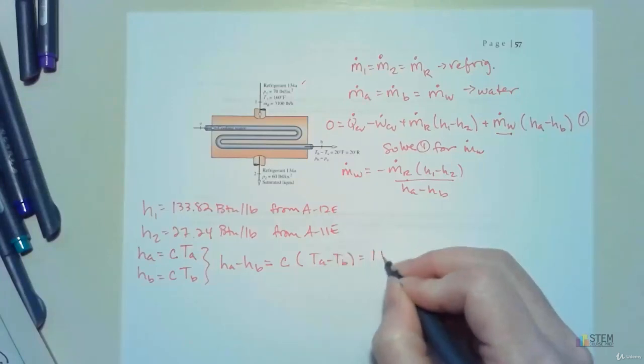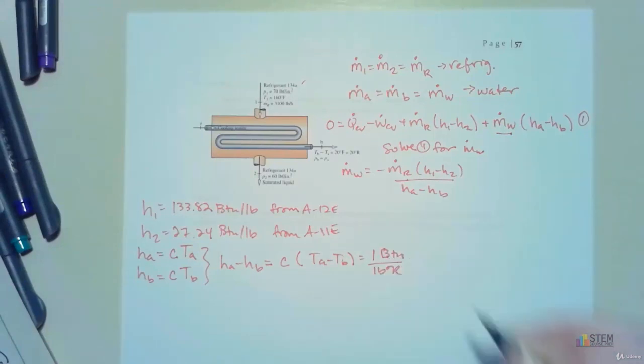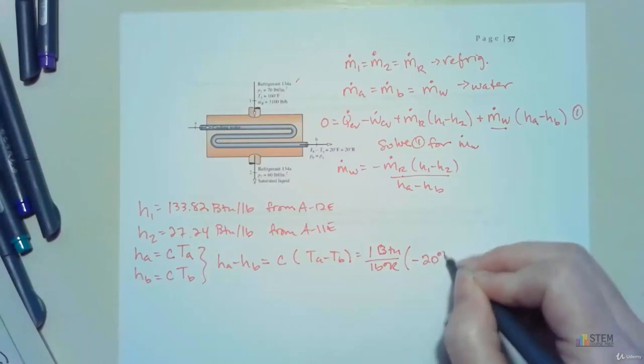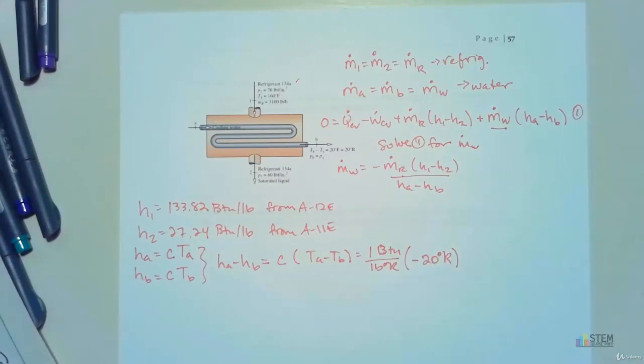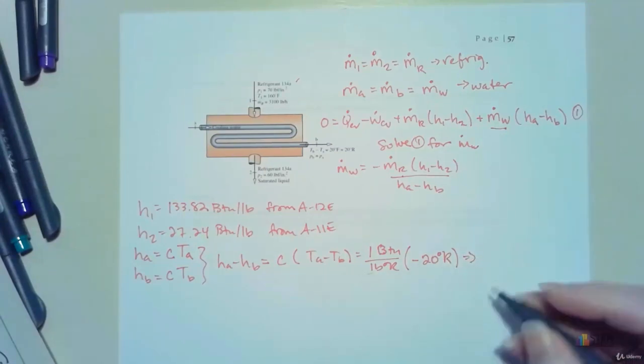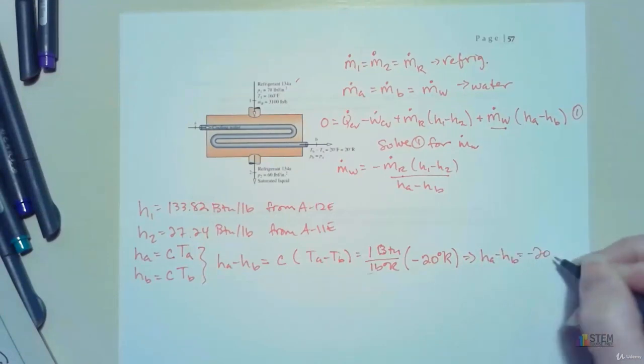C is 1 BTU per pound degree Rankine. And we want to multiply that by negative 20 degrees Rankine. Now if you simplify all that, you'll get HA minus HB equals negative 20 BTU per pound.